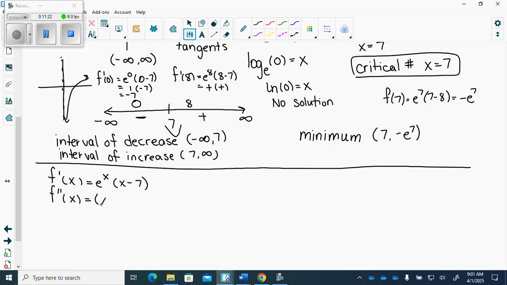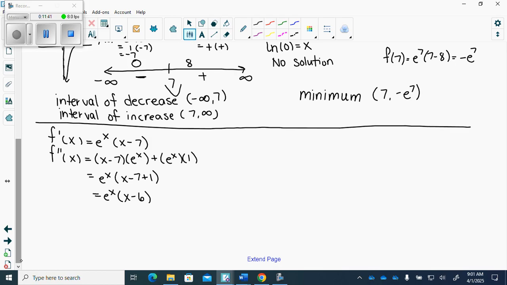So we're going to get g times f prime plus f times g prime. Taking e to the x out, we're left with x minus 7 plus 1. So we get e to the x times x minus 6 equals 0. You will learn to appreciate e to the x's, because e to the x by itself always results in no solution.